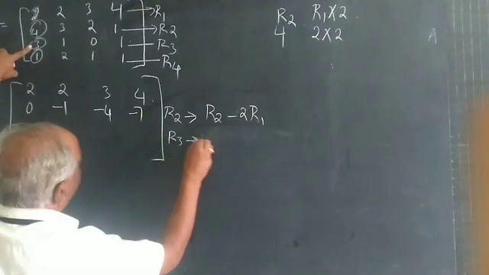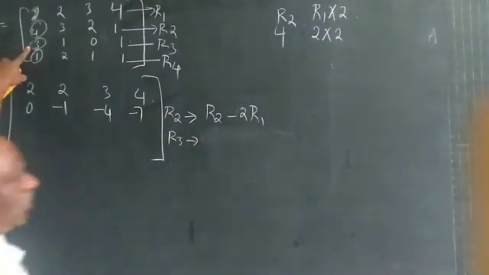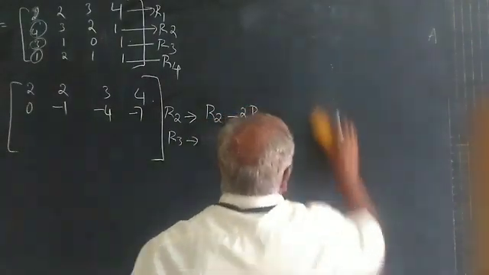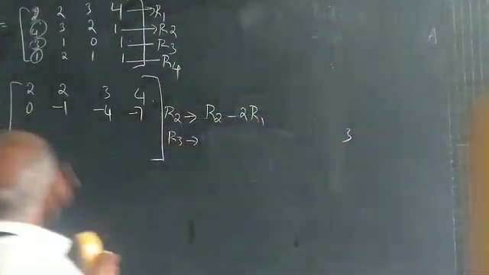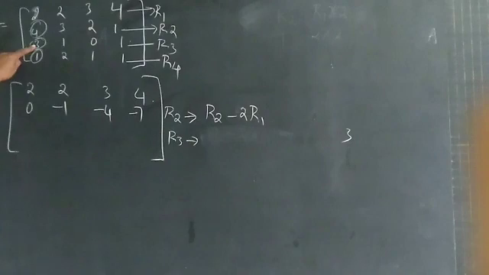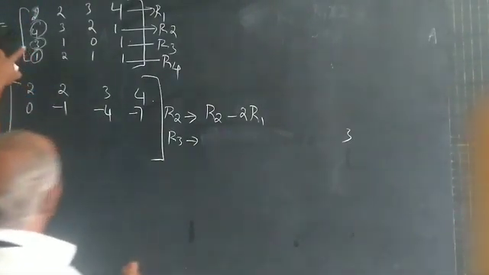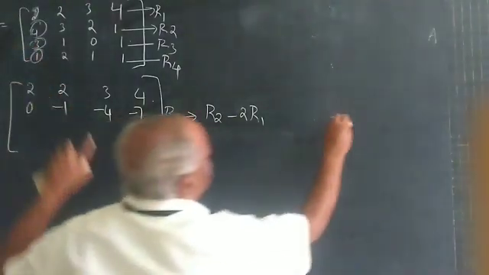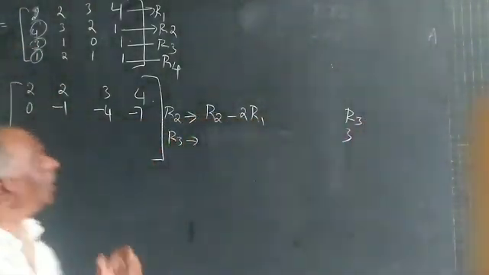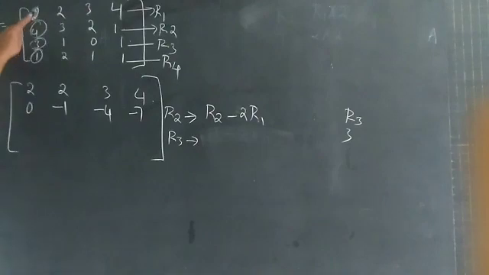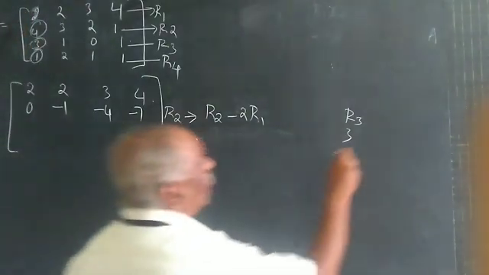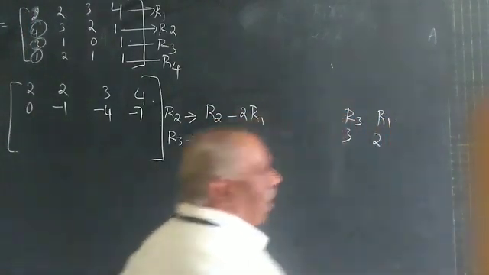Okay. Now let us go to R3. I have to reduce this 3 to 0, so I will write the 3 here. This 3 is in R3, and I want to reduce it using the 2, which is in R1.